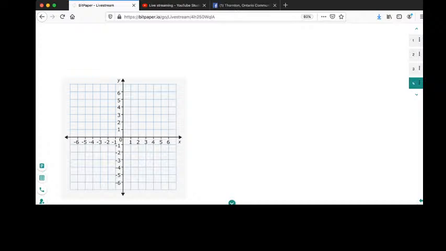Okay, here's a good example for this. So again, we're going to be asked to solve the system by substitution. So let me type that in here.